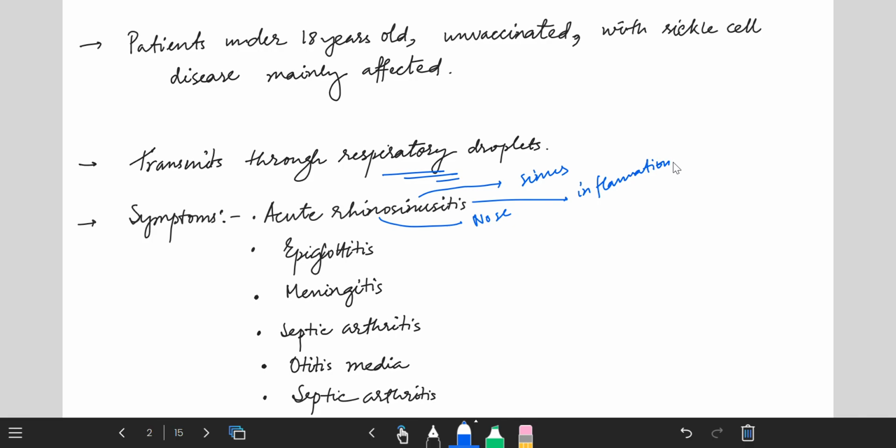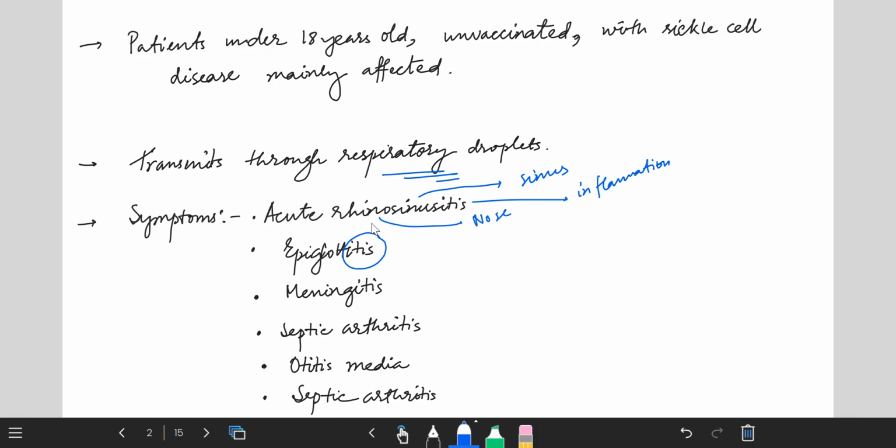Okay, now the second one is epiglottitis. The epiglottis is the small movable lid-like part just above the larynx that prevents food and drink from entering the windpipe. The part itis always represents an inflammation. So if there is an inflammation of the epiglottis, that is epiglottitis.